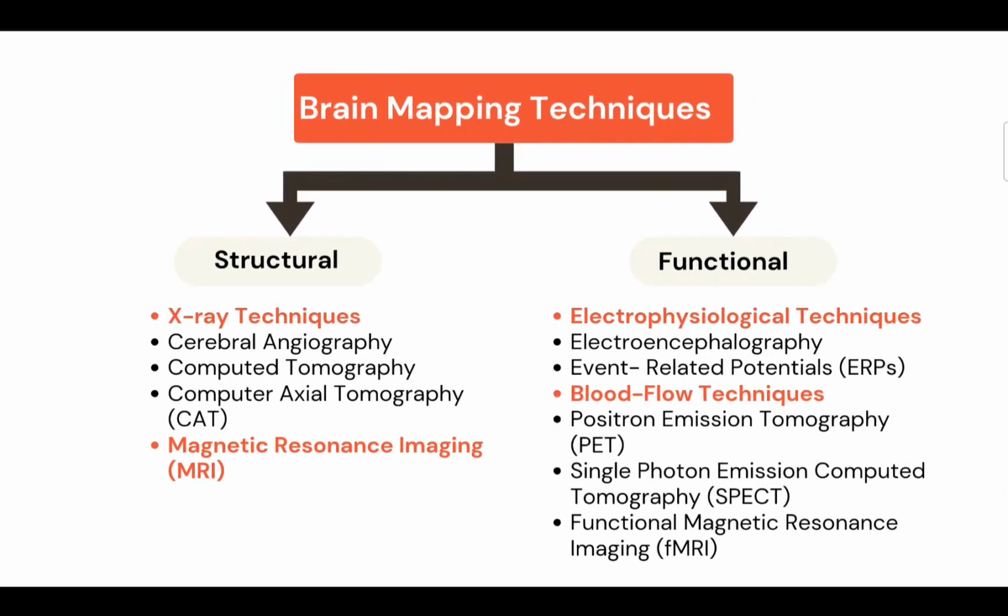And in this subtopic, we will cover two different brain mapping techniques, which are structural and functional. For structural brain mapping techniques, you will be exploring static images of brain structures.